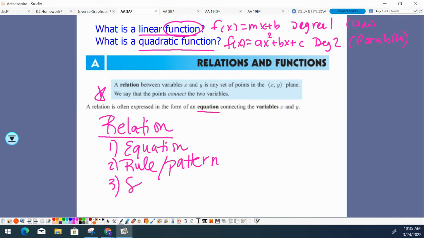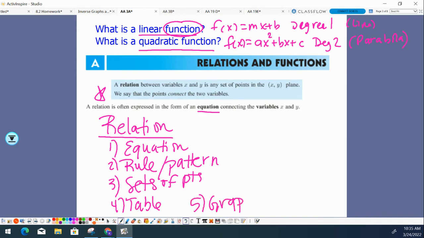You can also see a set of points. That could be in a table, or any type of a graph.